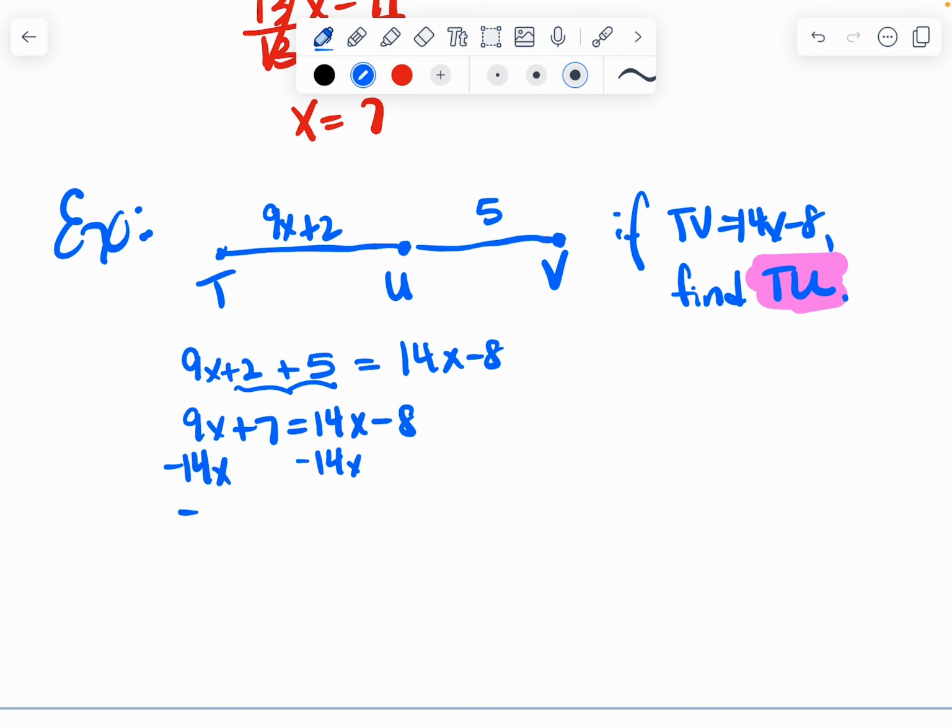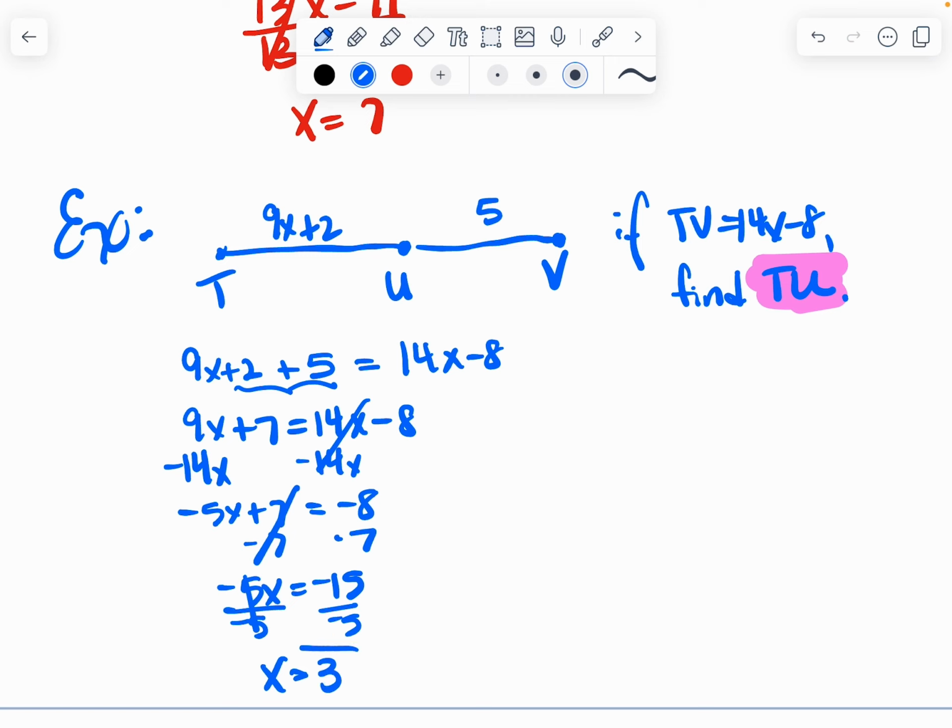That's negative 5x plus 7 equals negative 8. And then we subtract 7 from both sides so that cancels out, and I get negative 5x equals negative 15, and we divide so that I get x is 3.